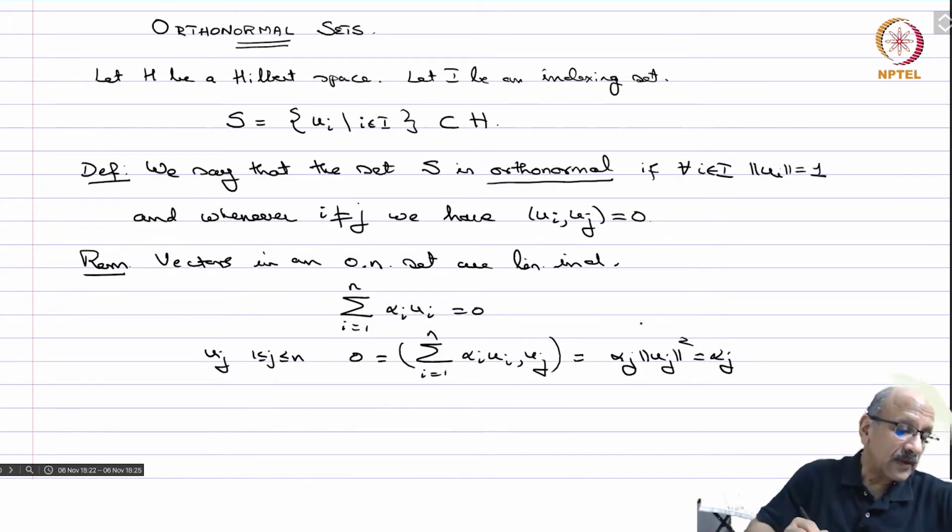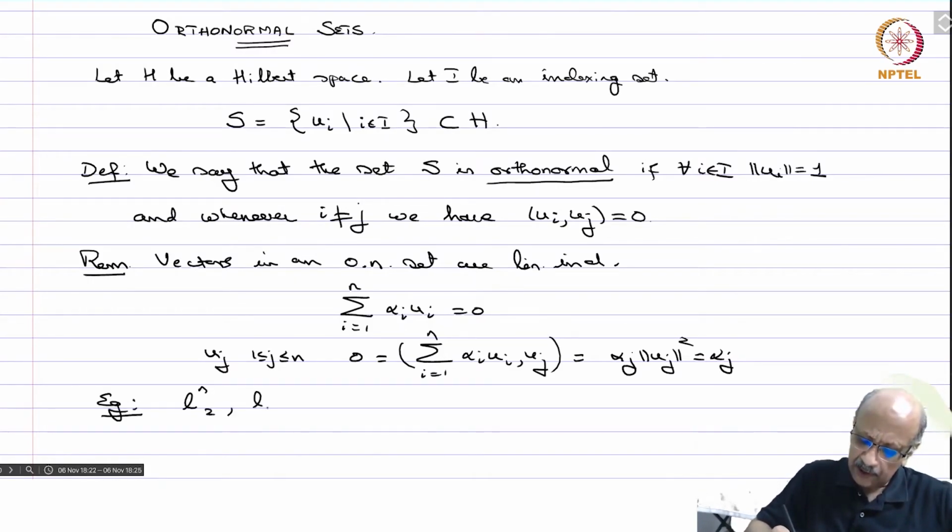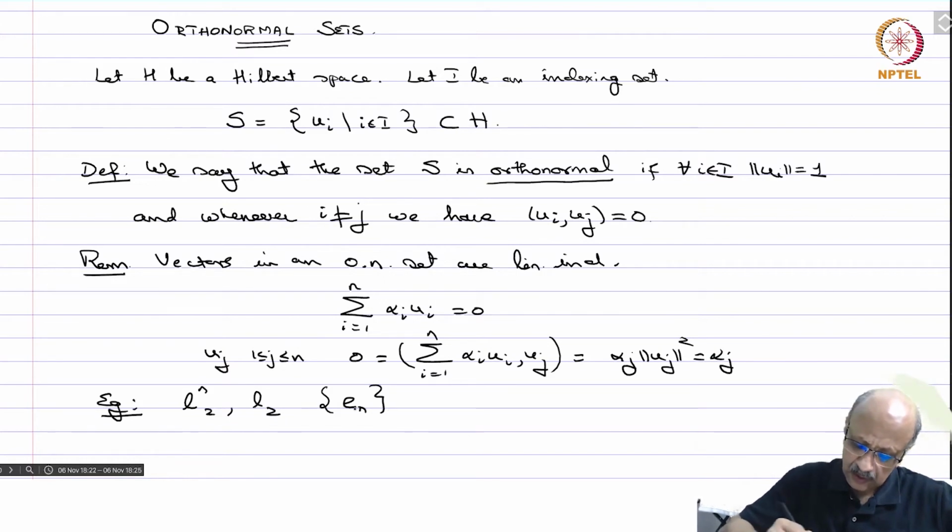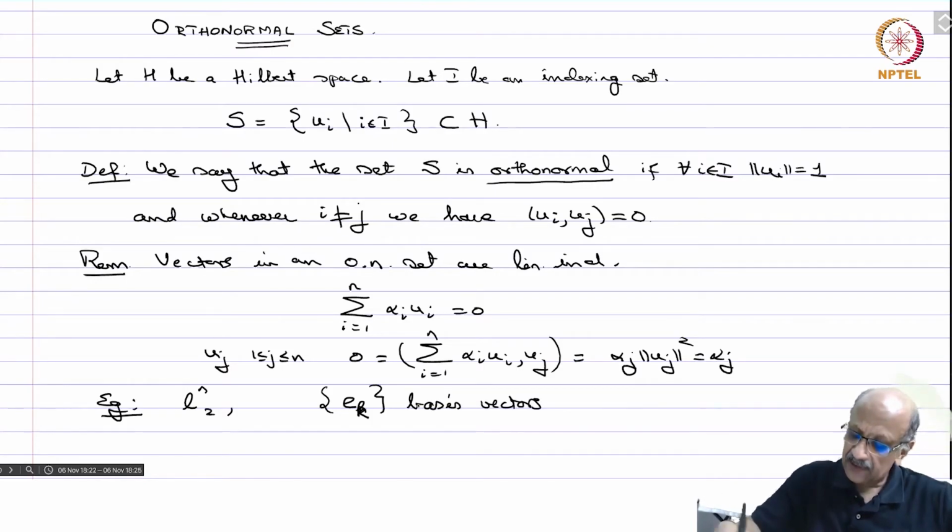Okay, so example again. So if you take l n 2 or l 2, and then you take the family ek. So in l n 2, say ek, let us say, these are the basis vectors, 1 in the kth place, 0 elsewhere, then ek is an ON set.